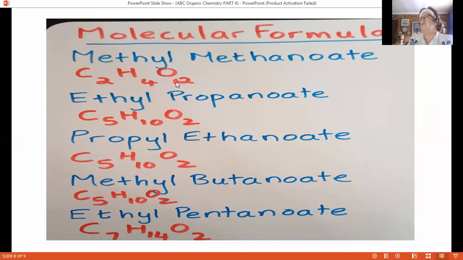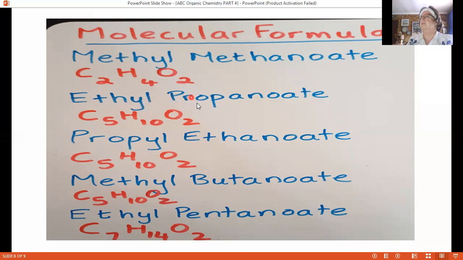So an easy shortcut to make sure that you've written your molecular formula correctly is that you count in the IUPAC name. You just double check your carbons. We know meth is 1 carbon. So 1 plus 1 is 2. We know eth is 2. We know prop is 3.